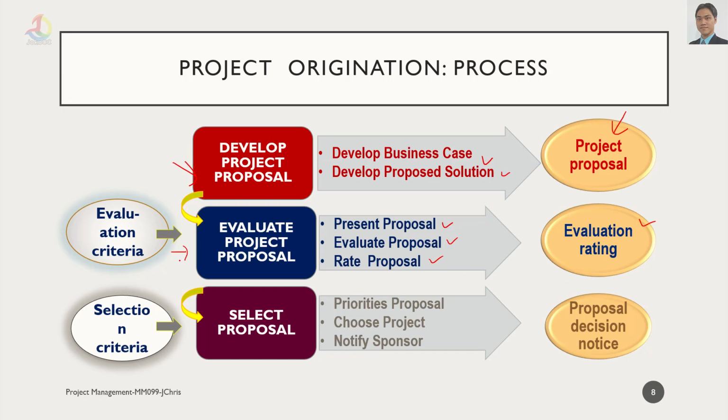After that, they use the criteria that they have planned based on the evaluation rating to select the proposal, which means there are priority proposals, and they will choose the project and notify the sponsor and the stakeholders included in the proposals, and they tell that the proposal is being accepted or rejected.